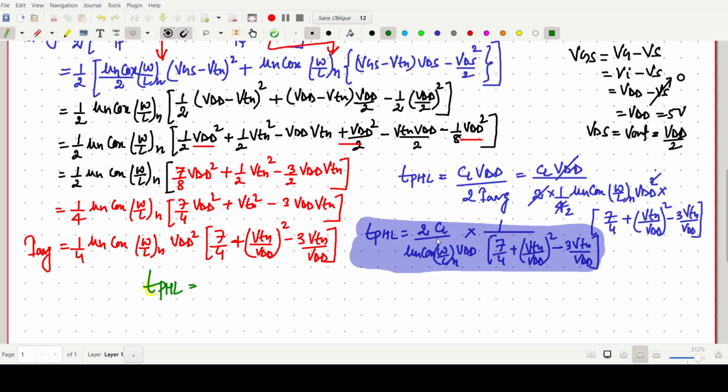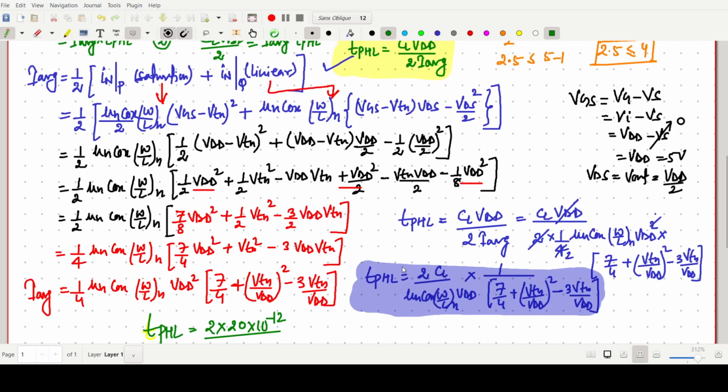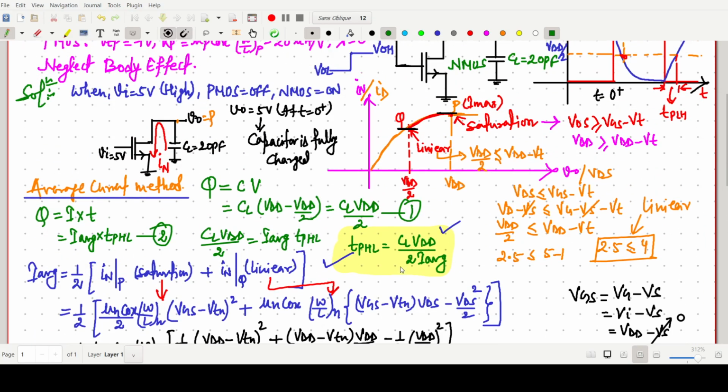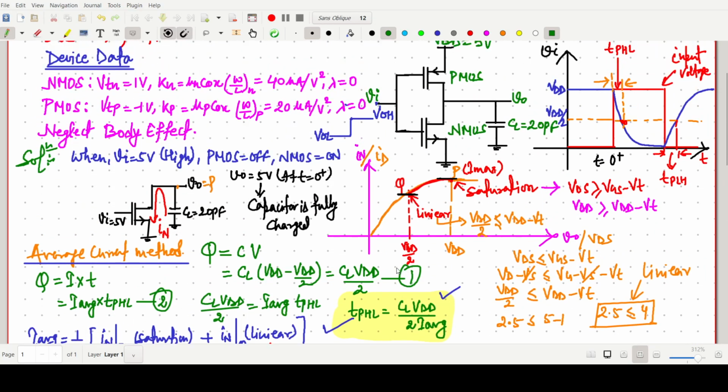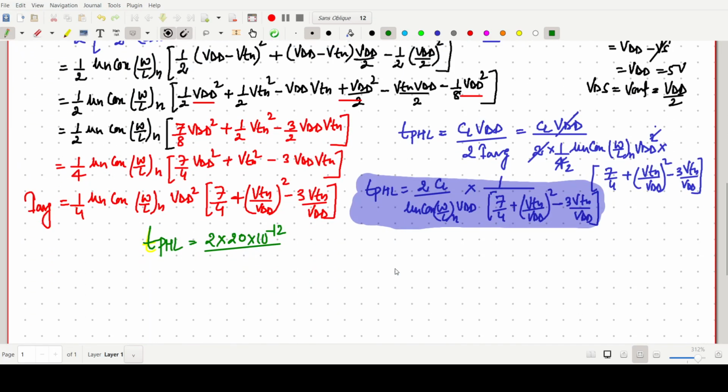So twice into CL is how much? 20 picofarad. So I am writing 10 to the power minus 12. Then mu n COX W by L of n is given here for NMOS. There is no need of PMOS in our case. So mu n is our 40 microampere per volt square.